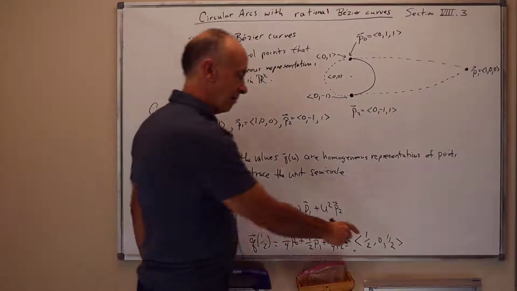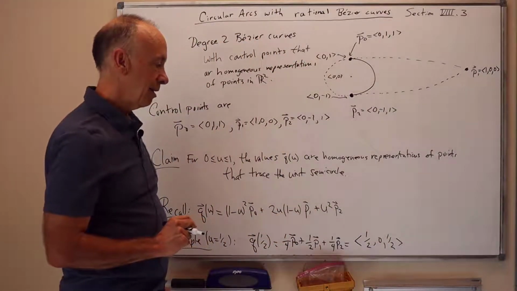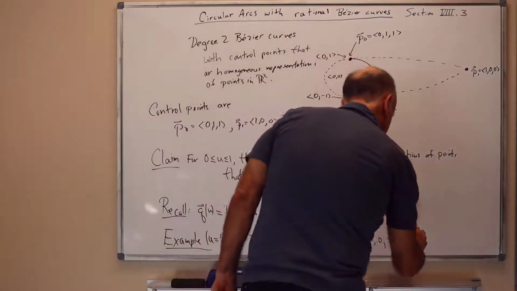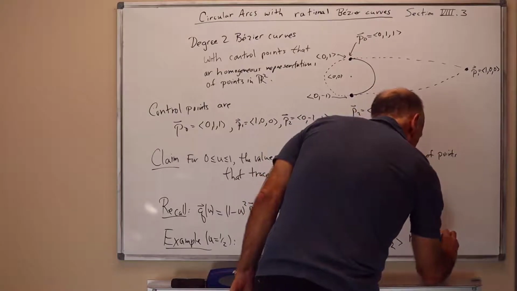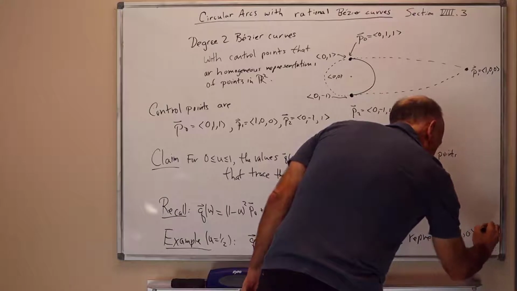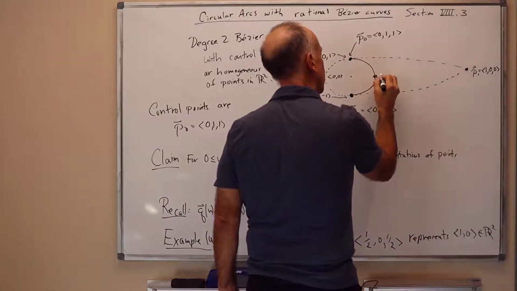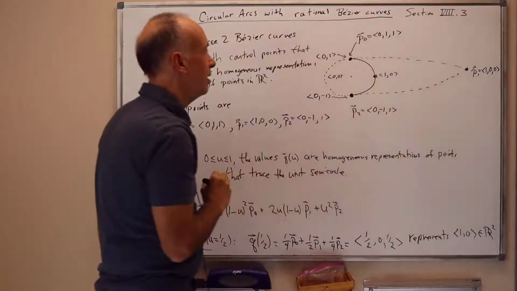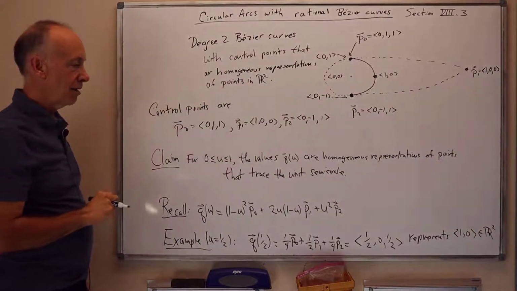Well, we divide by the w value, the 1/2, and we find out that it's the representation of the point 1, 0 in R2. So 1, 0 is the point, of course, right here at the right edge of the semicircle.